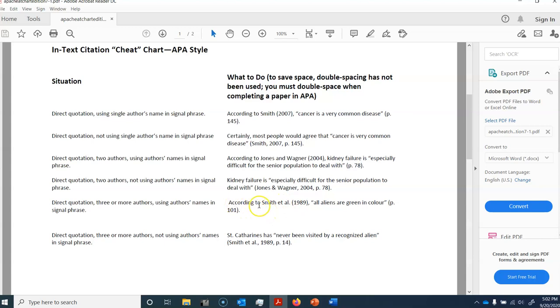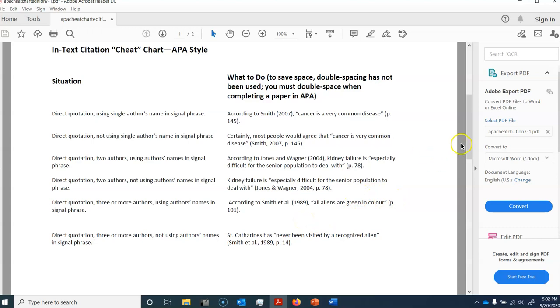So I might say, according to Smith et al, year of publication in the bracket, my quotation, then my page number in another bracket following my quotation. And I'm still following that same formula. Okay, so year of publication right after the author names, and then page number right after the quotation.